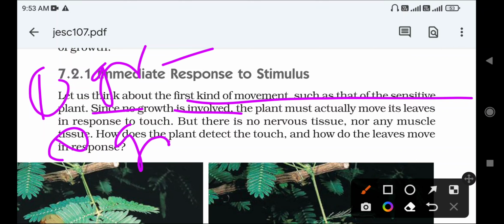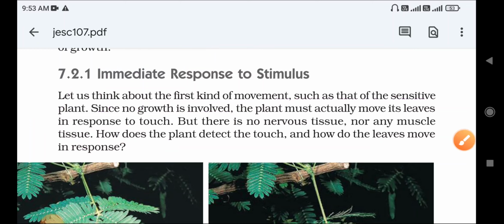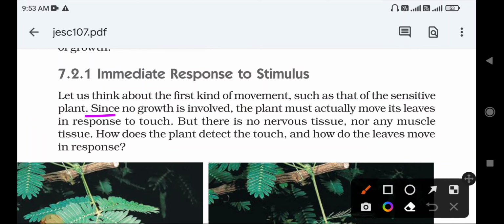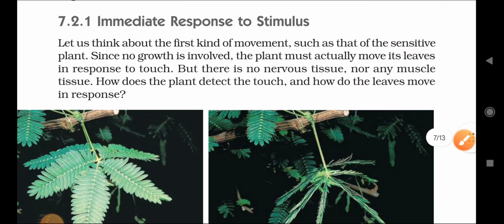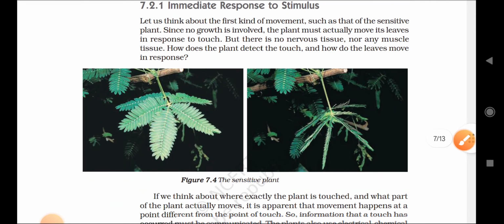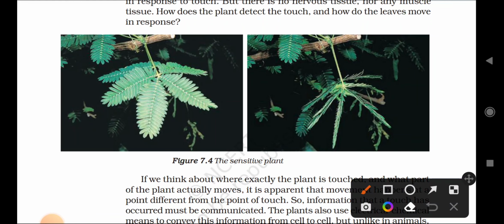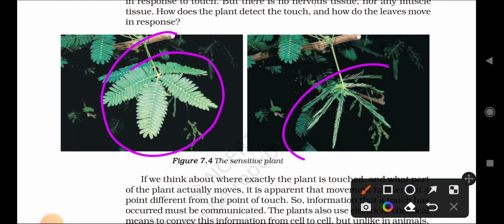First we'll discuss the one with no growth involved, especially in the case of the sensitive plant, or touch-me-not plant. This plant moves its leaves in response to touch.